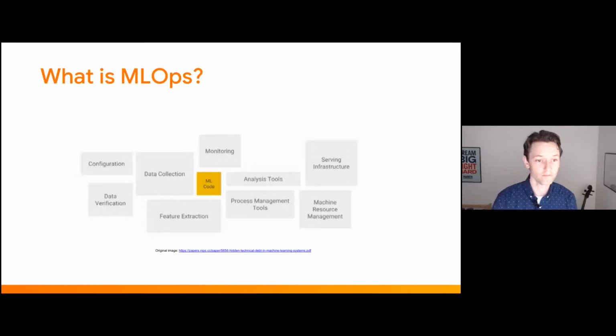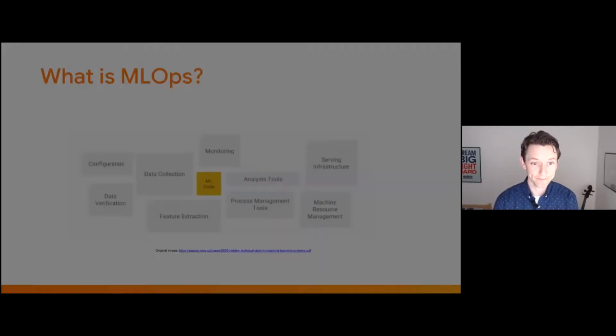We need to verify the data, monitor the models, extract the features, do feature engineering, do the model analysis, and then we also need to serve those models. When we talk about machine learning ops, it's all about how we can orchestrate those different tools so they can work together and we can get through an end-to-end process, probably or hopefully automatically.